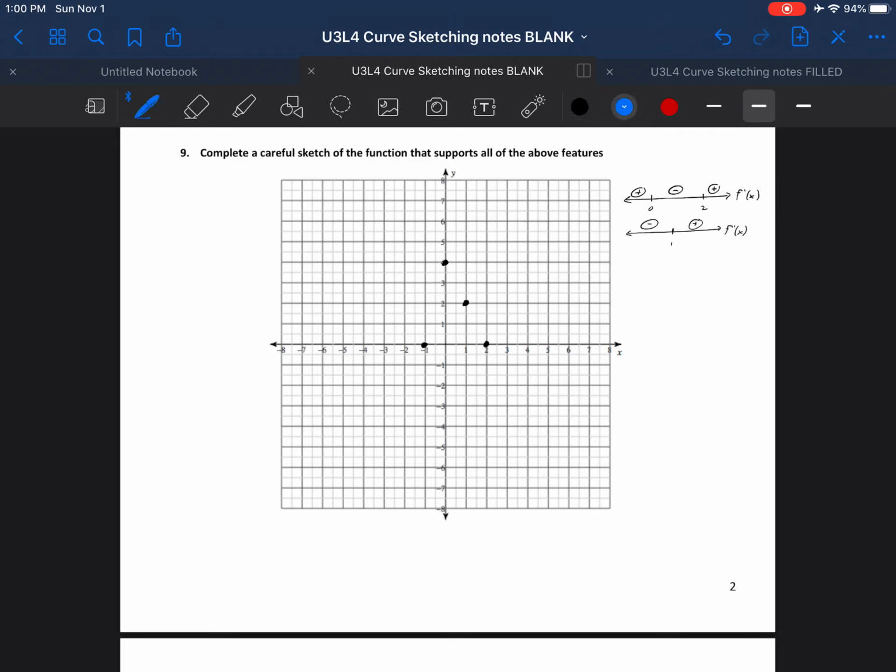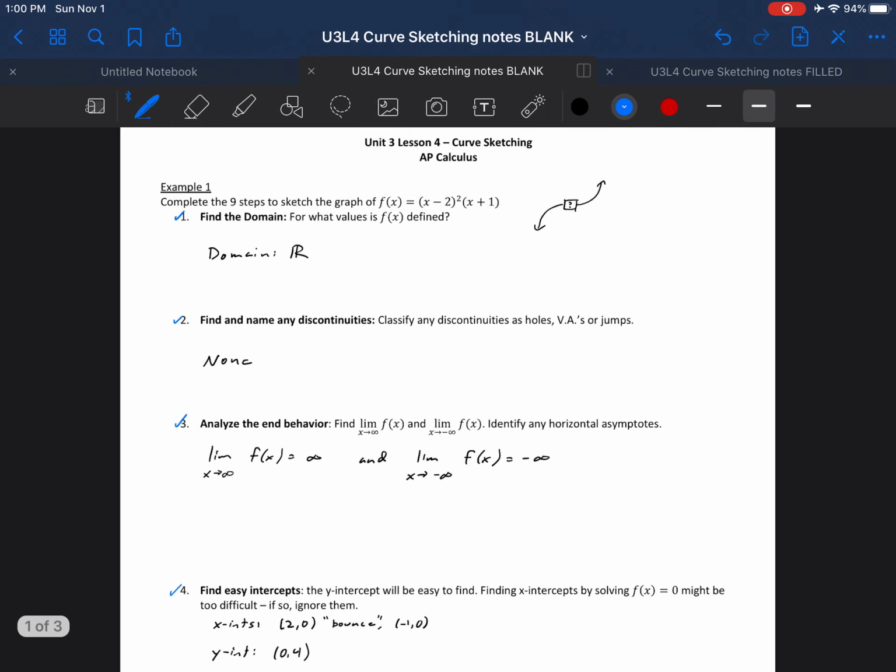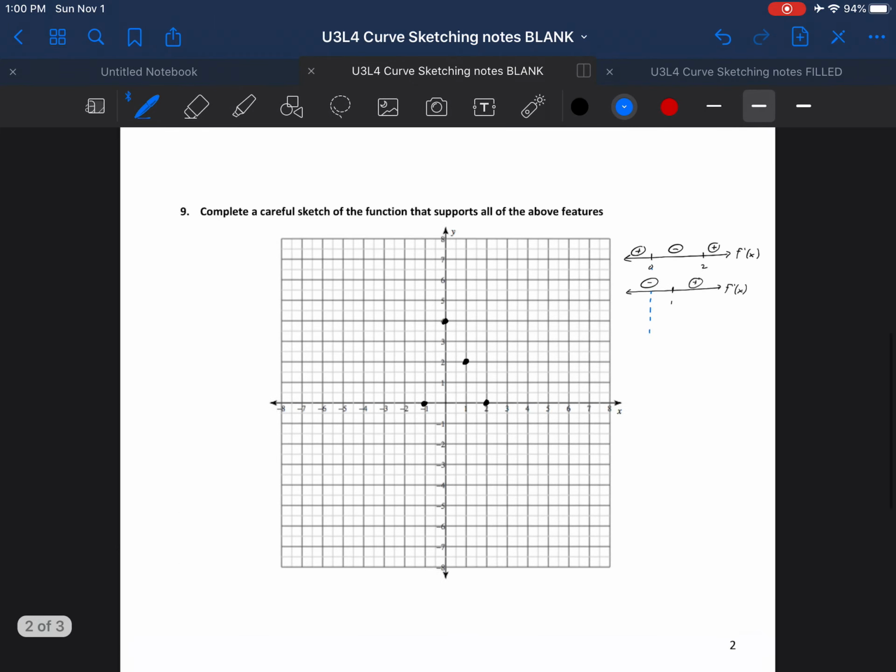And now, if I look at this graph of the first and second derivative sign charts, what I'm going to do is try and make a piece of the graph at every place where either the first or second derivative changes. Okay. I'm just making sure that I have these. Yeah. Okay. Sorry.